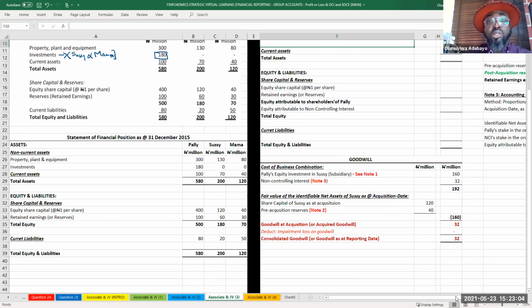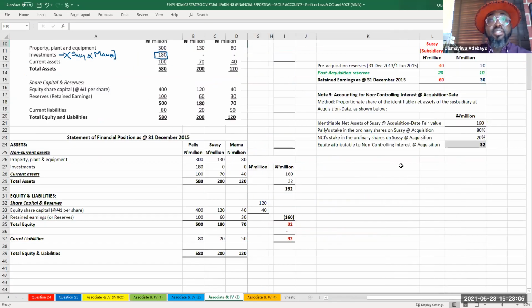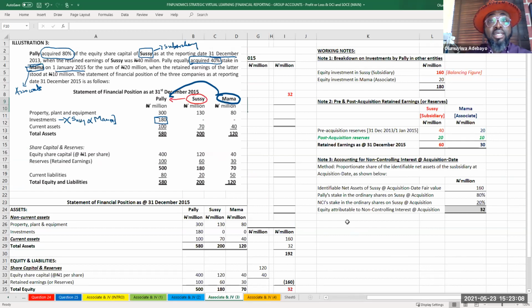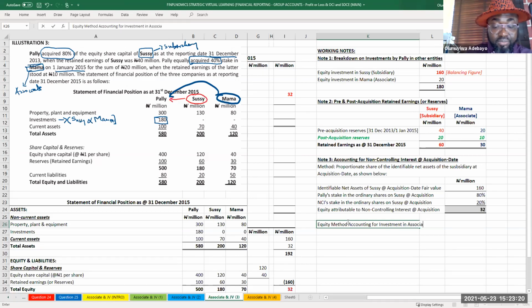Now, what next? Is for us to account for equity method accounting for investment in associates. What's our associate now? Mama.